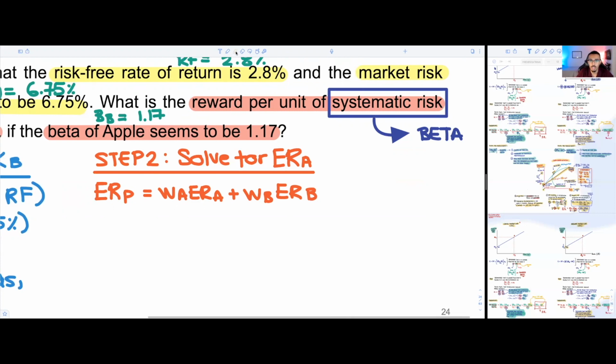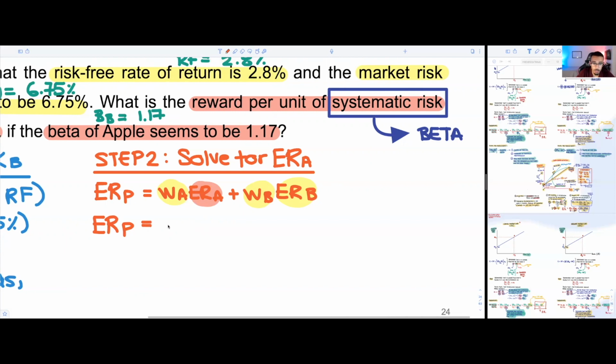So in this case, just to be super comprehensive, our unknown here remains to be ERA. Of course, we know the weight of A. Of course, we know the weight of B. Because of part 1 or step 1, we now know the ERB, so the expected return on stock B. Sorry about that. So with that, we could compute the return on portfolio.